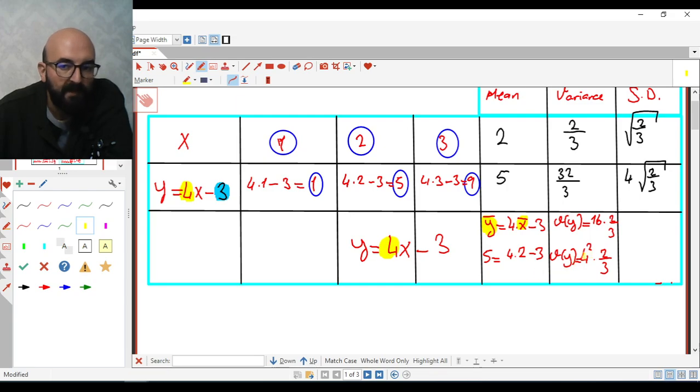So the variance of y is 4 square multiply the variance of x. Okay, and the standard deviation of y means 4 multiply the standard deviation of x, and our factor is again 4.